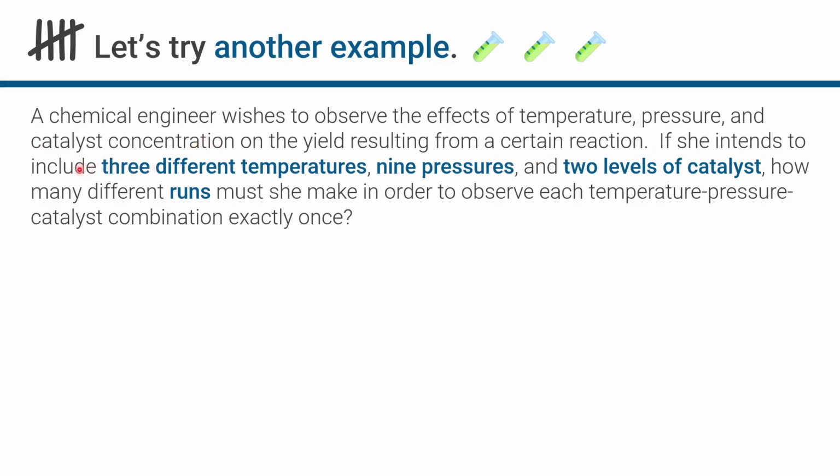If she intends to include 3 different temperatures, temperature 1, temperature 2, temperature 3, so you have 3 ways to do the temperature, 9 different pressures, and 2 levels of catalyst. So you have 2. How many is your n1? Your n1 is equal to what?